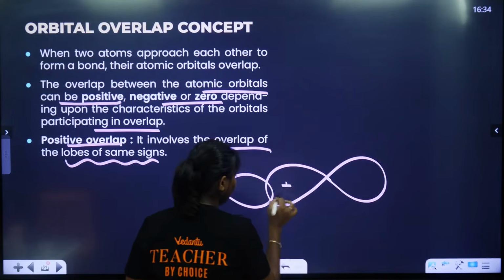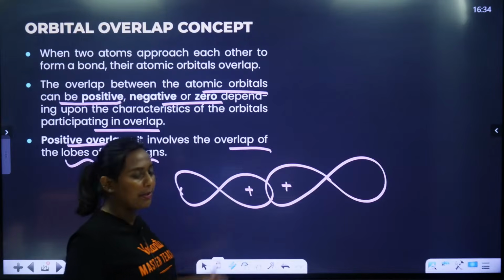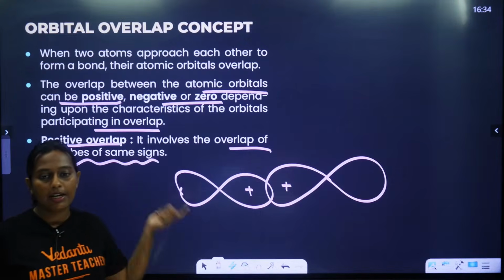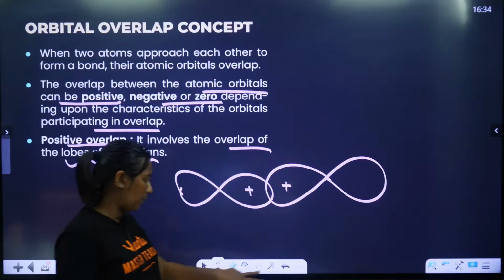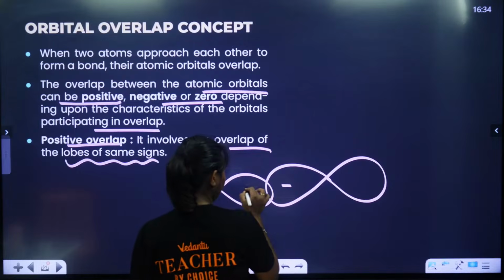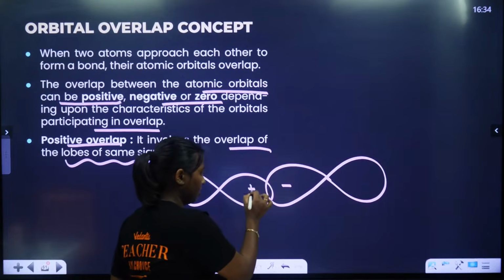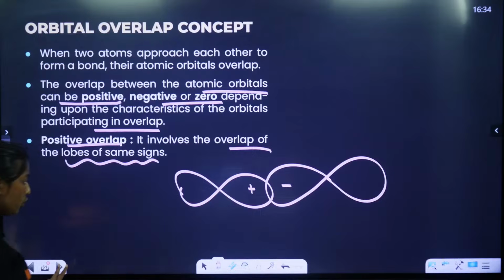If it is positive and positive and they overlap together, it is a positive overlap. Assume that it is positive and negative, then it is a negative overlap.